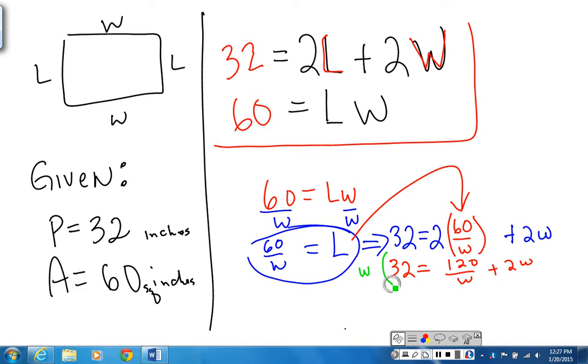You may have learned that in Math 098. So if I multiply everything times the LCD, then I get rid of that fraction there. So if I multiply W times 32, I will get 32W equals W times 120 over W will be 120 plus W times 2W will be 2W squared.